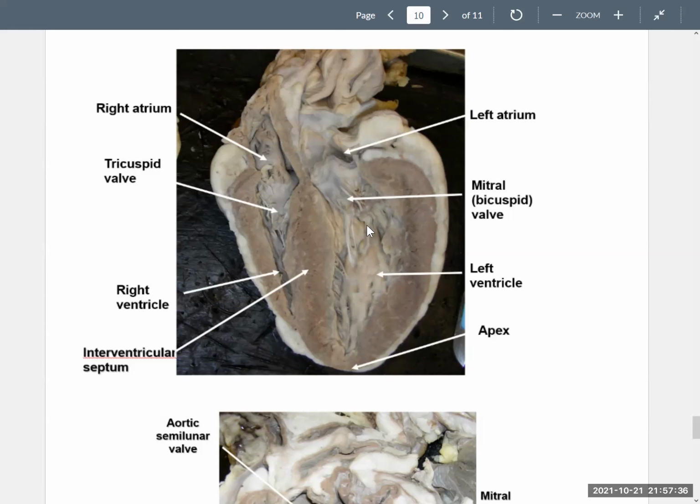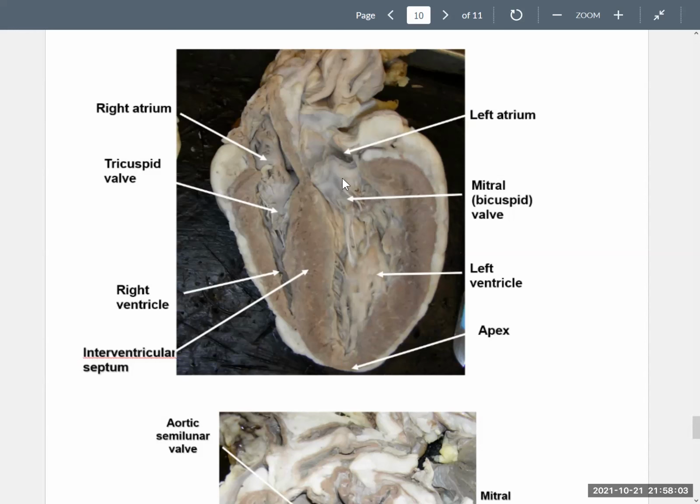Here's the chordae tendineae. The tricuspid valve is smaller, often not very distinct, but this is fine. The little chordae tendineae down here, the right ventricle, between the ventricles, the IV septum, and the apex down here.